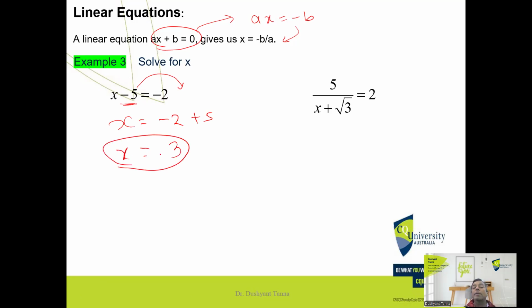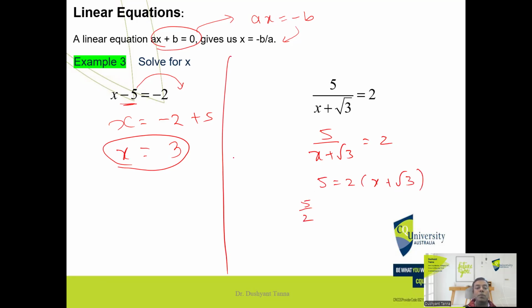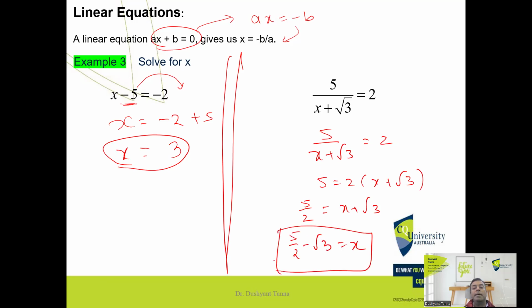Up here, pi over x plus root 3 is 2. You multiply it and divide by 2, so you can add one step. Therefore pi over 2 is my x plus root 3, and pi over 2 minus root 3 is my x.